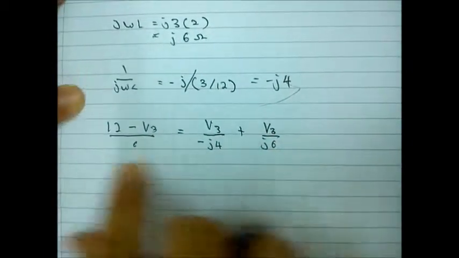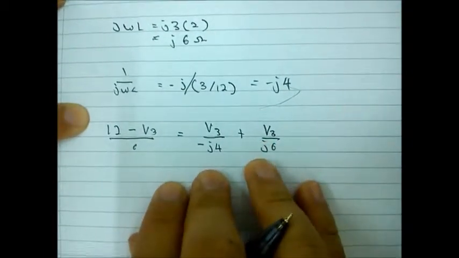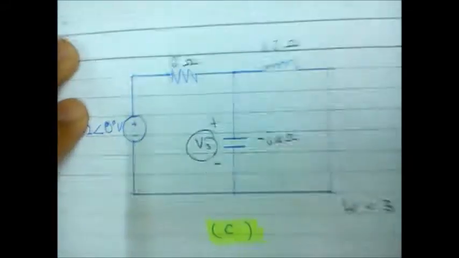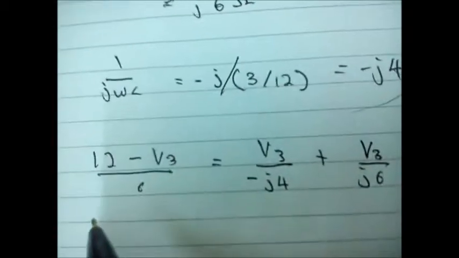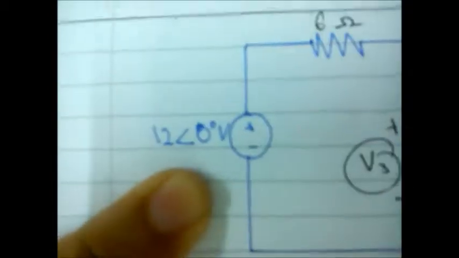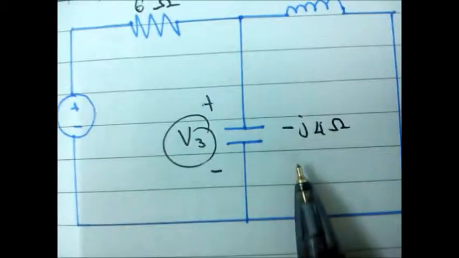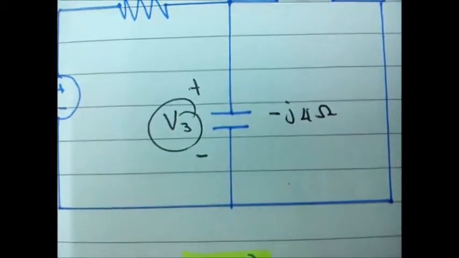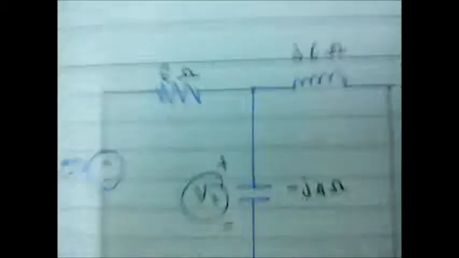All of this can be obtained from the figure. The 12 is from the source, minus V3 over the resistor 6, and then V3 is over the capacitor, and also V3 is over the inductor.